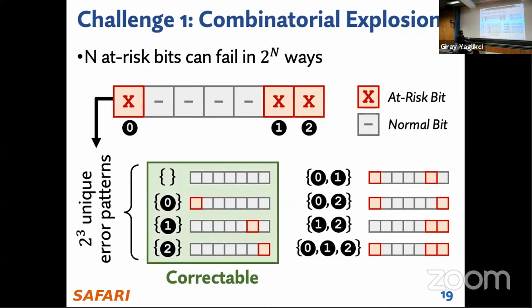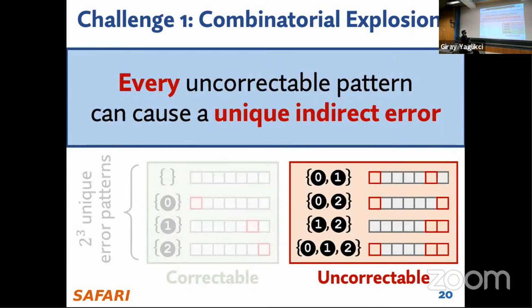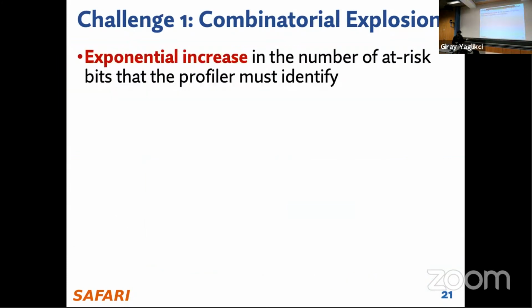These 4 here are correctable because they have 0 or 1 errors, assuming a single error correcting code. But these are uncorrectable, right? In the worst case, each of these 4 can introduce a unique indirect error. So every uncorrectable error pattern can potentially cause a unique indirect error, right? This is the combinatorial explosion. This would result in an exponential increase in the number of at-risk bits that the profiler needs to identify.